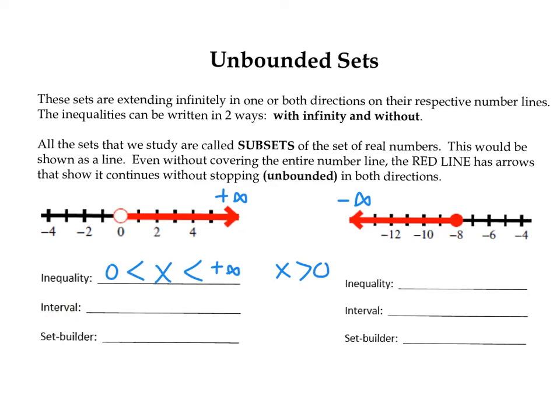The interval notation, we're going to be taking these two values again. We're going to write the smallest one first, the largest one second, and then because it does not include the endpoints, we put parentheses.